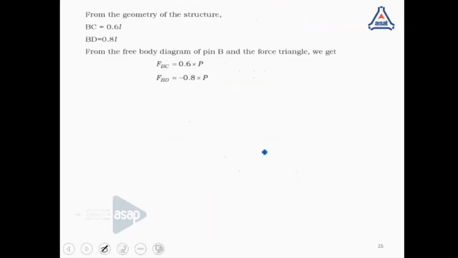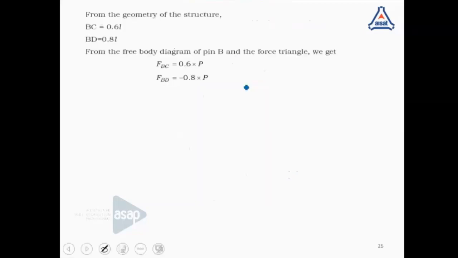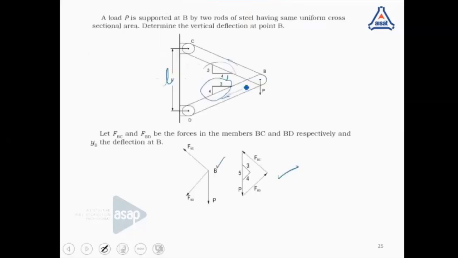Using the geometry of the structure, we can write BC equal to 0.6 L and BD equal to 0.8 L, where L is the dimension shown.